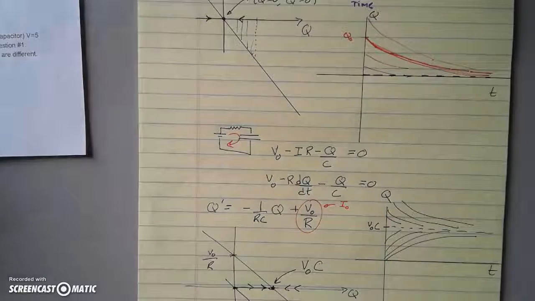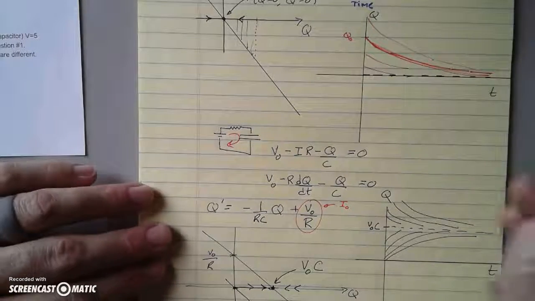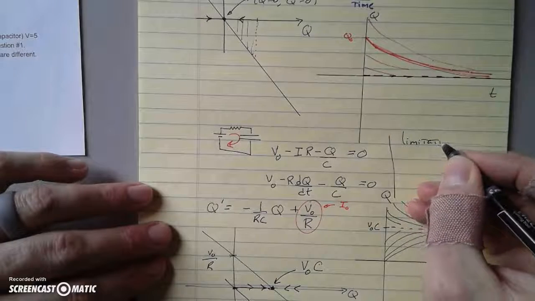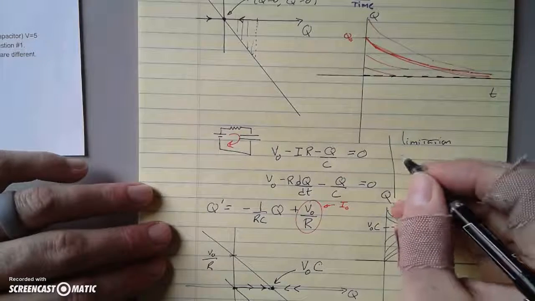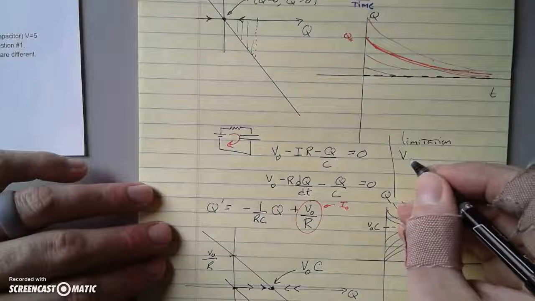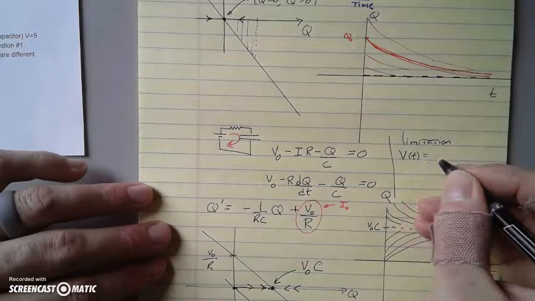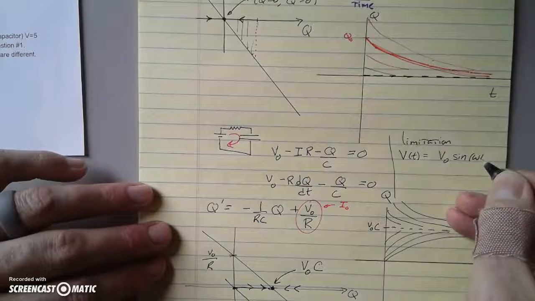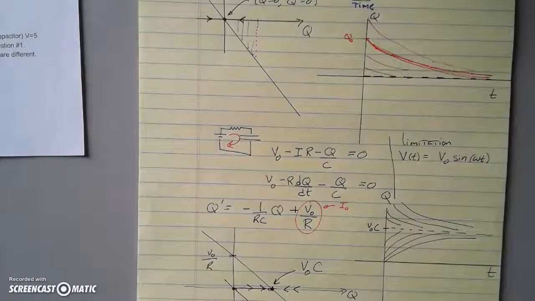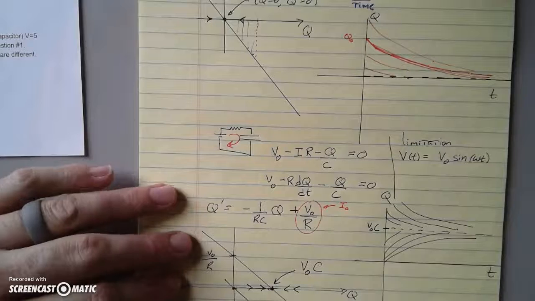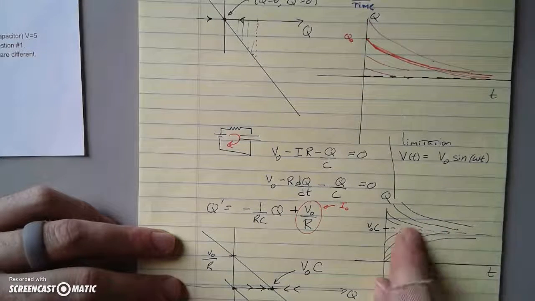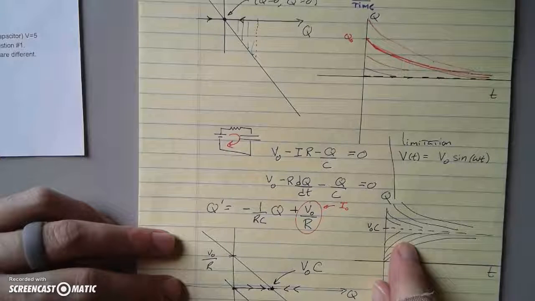Now let me note a limitation of this. A limitation of these flows on a line is that if my battery was a function of time, something like V naught sine omega t, some sort of alternating current source, I can't deal with this method. I can deal with a constant.